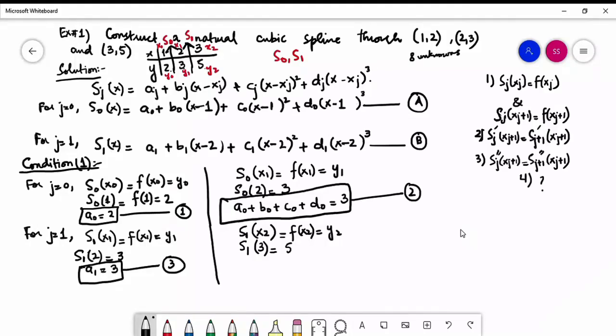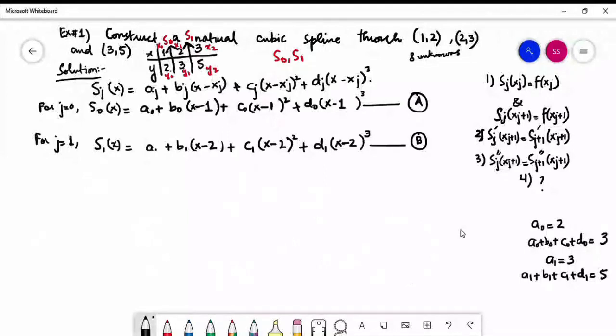Then equation B will become A1 plus B1 plus C1 plus D1 equals 5. So by the first condition we get the 4 equations. We need 8 equations. Okay, so I would write these equations as in here.